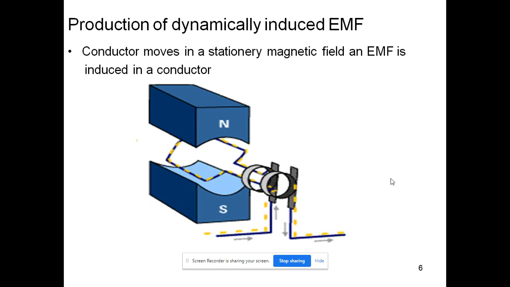The EMF induced in these conductors is always alternating current. This alternating current is converted to DC through commutators. Here the yellow dotted lines are the induced EMF.